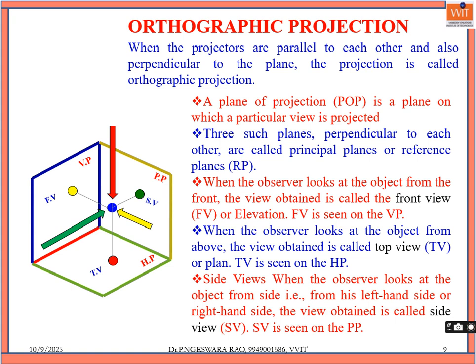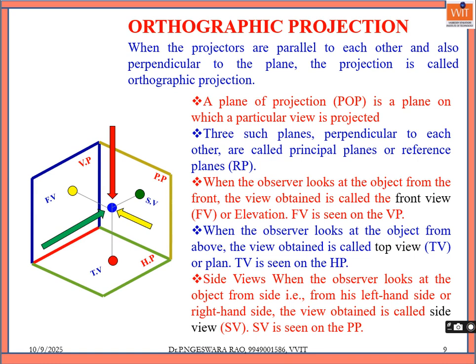Hence, for any object we can have six views: front view, rear view, top view, bottom view, left side view and right side view. So these are the basic views of any object.